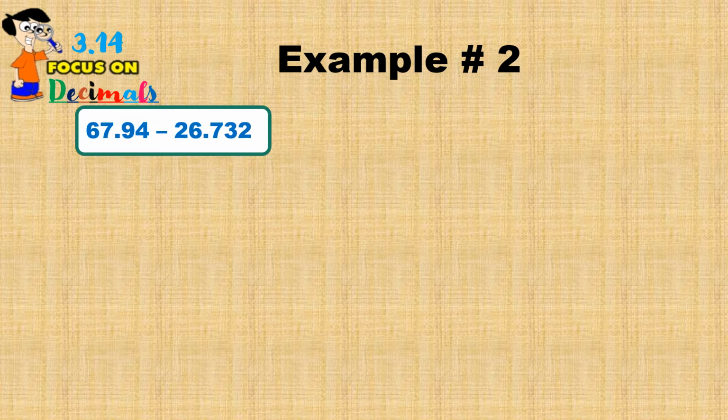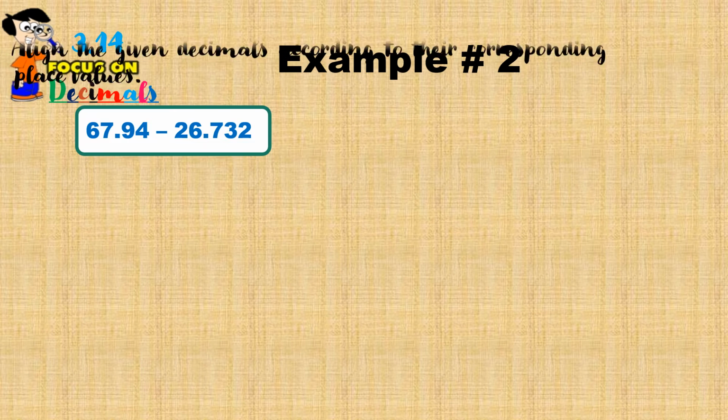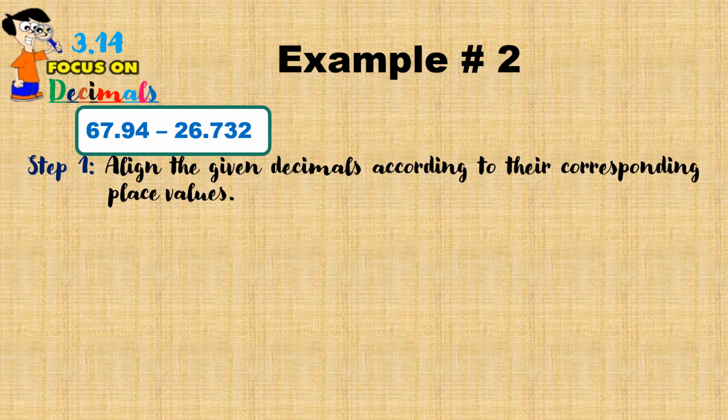Example number 2. 67.94 minus 26.732. To answer the given, let us follow the steps in subtracting decimals. Step 1. Align the given decimals according to their corresponding place values.